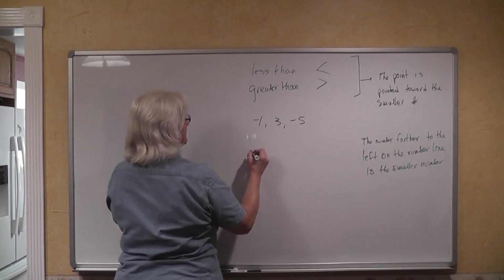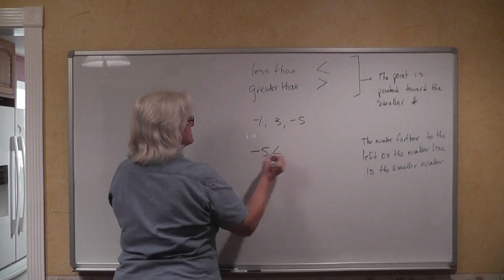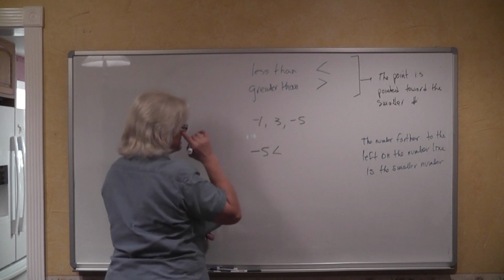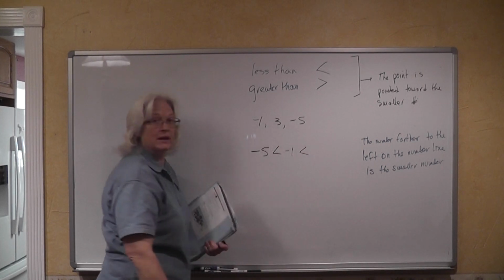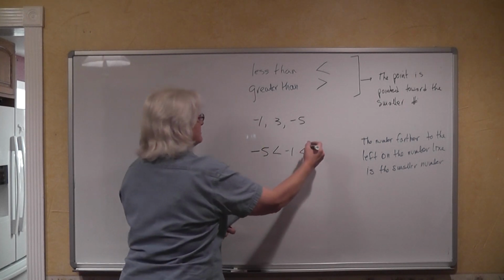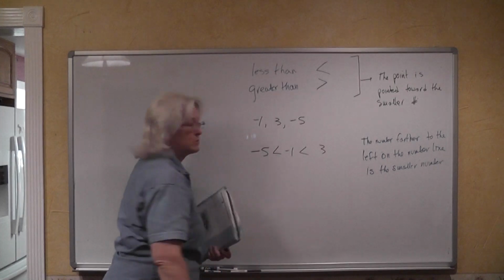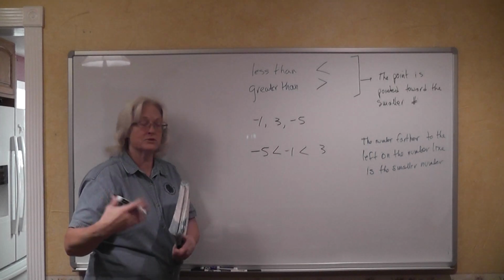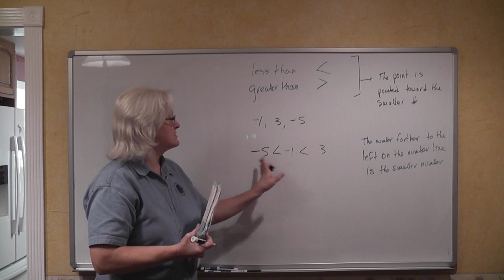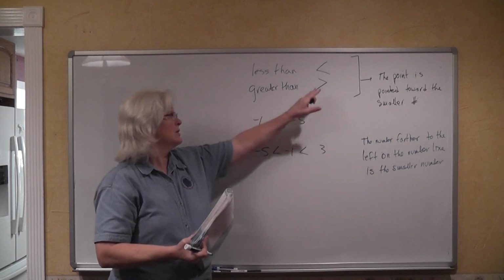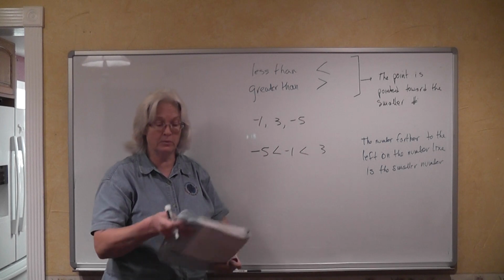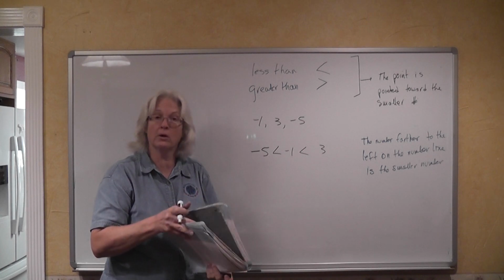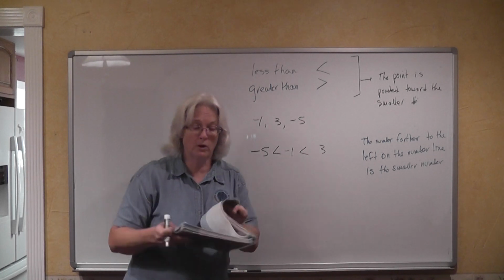It's going to be -5 is less than, which one comes next? -1, which is less than a +3. So we have ordered these numbers from least to greatest using our inequality symbols. And that's what you're going to be working with on your homework for section 4.1.